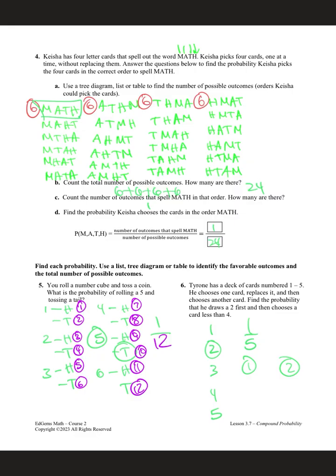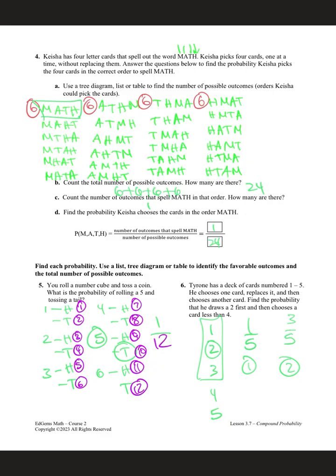Then what's the probability that he chooses a card that's less than 4? How many cards are less than 4? 3, right? So there's a 3 out of 5 chance that he chooses a card that's less than 4.